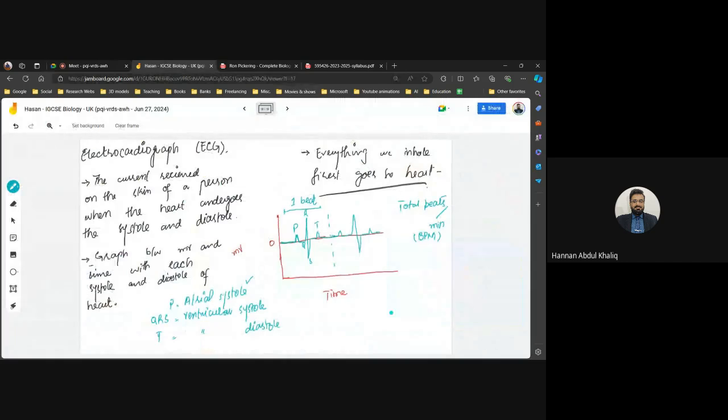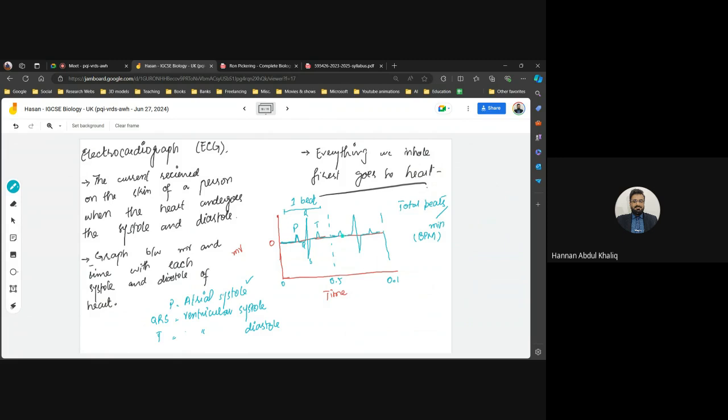And how would you find it? Suppose that this is 0 seconds and one beat is completing around 0.5 seconds, then the next beat is completing around 1 second, then again and again.